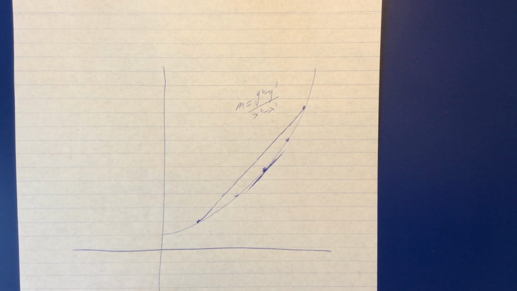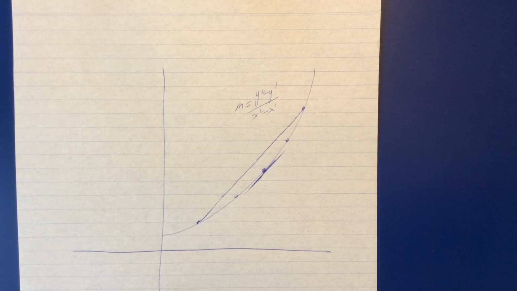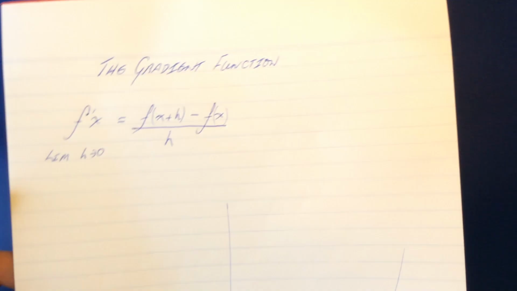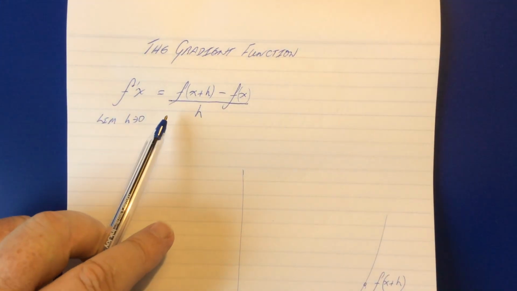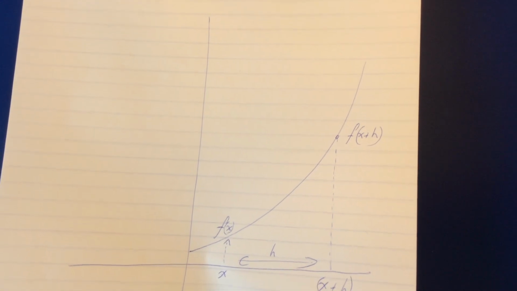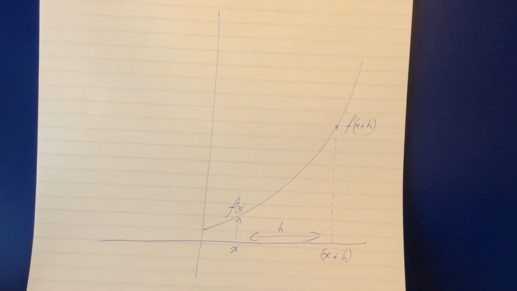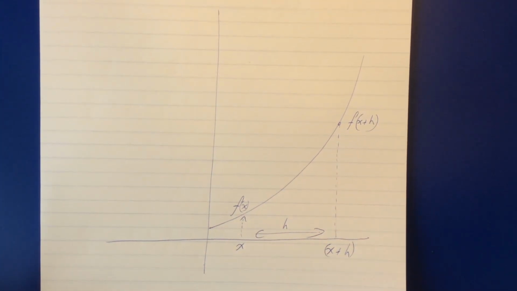So let's get back to the starting page and look at the bit that you didn't see. So here's the gradient function, and here's a little illustration of it in action and what things mean.